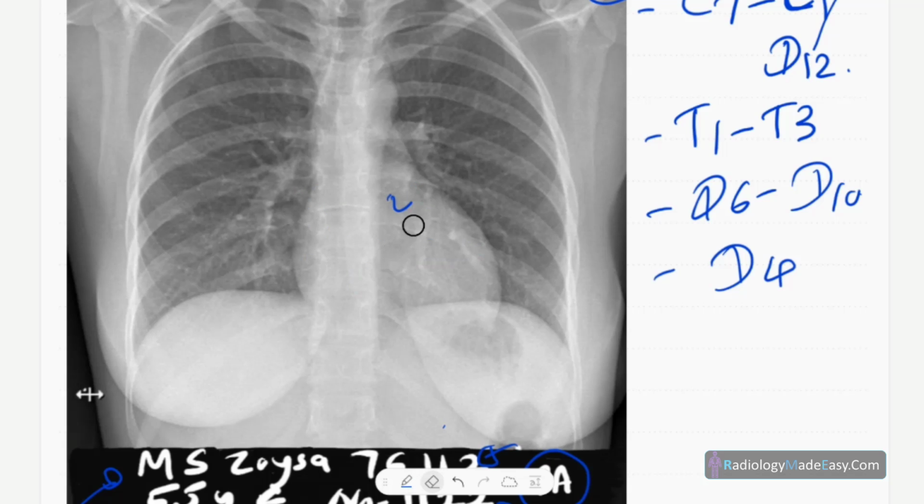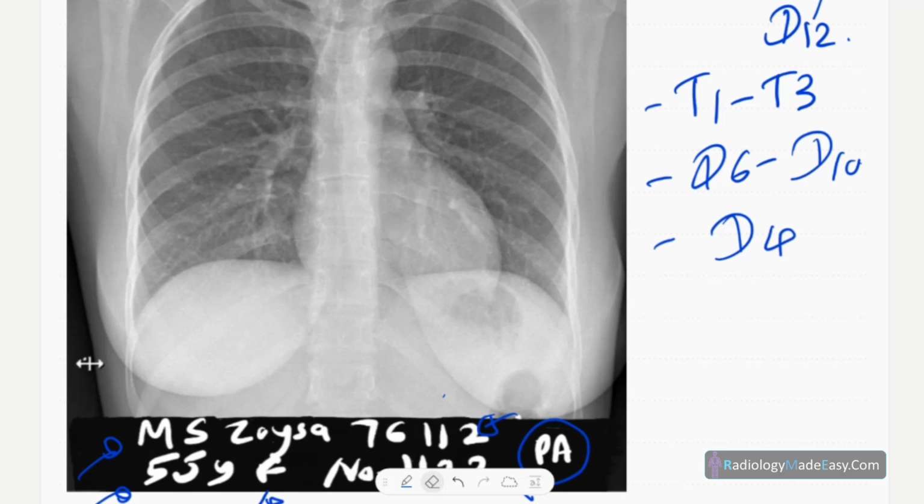So the next thing is the size of the heart. You measure from the midline, the spinous process. You have to measure the maximum length of the right heart border and the maximum length of the left heart border, and the maximum diameter of the chest wall.